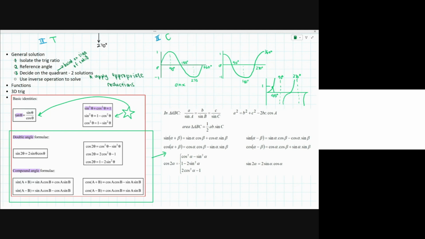Kani, I'm not too sure what you mean. If you just let me know. Like proving a trig identity, is that what you mean? Ma'am, it was a question, and our teacher said it was one of the proofs that we had to know, like you had to prove a compound angle.